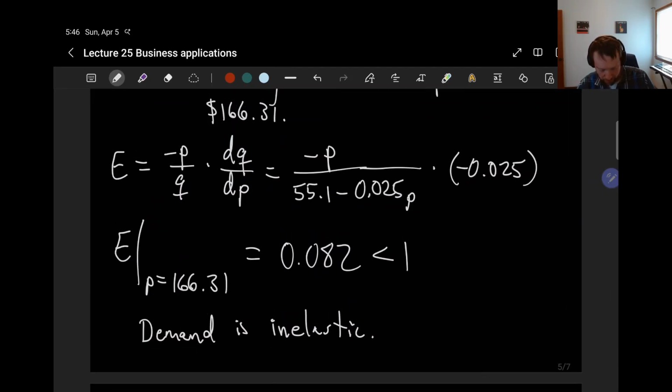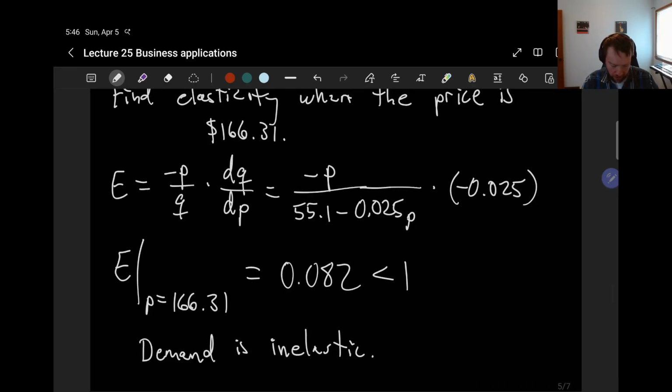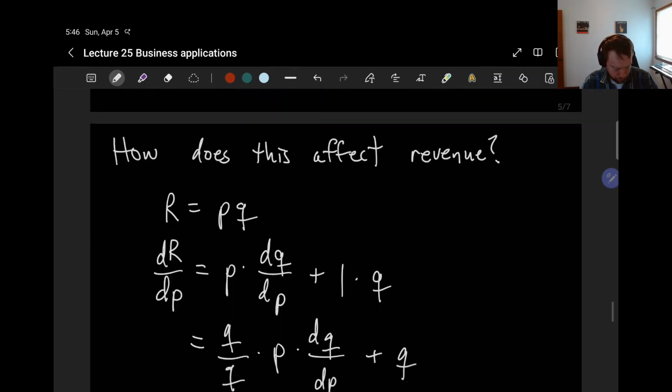It was less than 1. But that doesn't necessarily give us the most revenue. It means that our price is probably a little too low. So the sweet spot is getting E to be 1, and so we'll figure out our price based on that, our new price that we want to make.